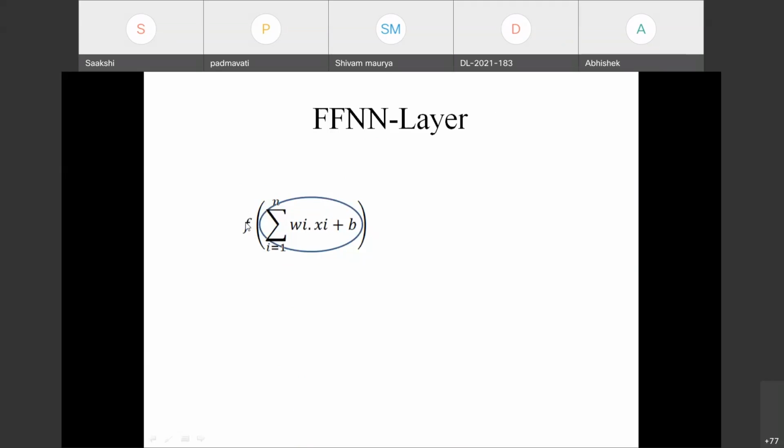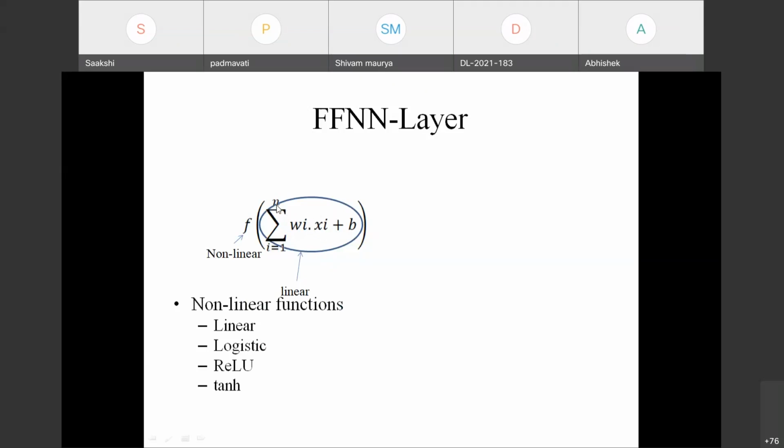Each neuron will compute some function f, and as I explained, it takes w, x and b as input to compute some output. It computes based on this equation: wi into xi plus b, that is, the aggregation of w and xi is added with the bias term.